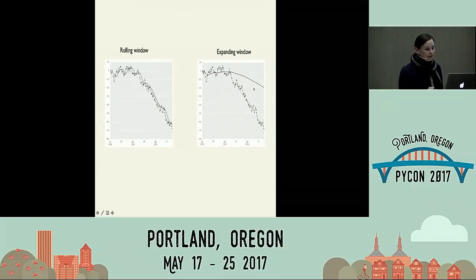Expanding window, can anyone guess from this graphic what an expanding window is? Let's think about it. It's some kind of cumulative summation, rather than a moving summation. In this case, it just keeps using the information as you get it. With a rolling window, what you're basically saying is the valuable information at a particular point is the information that's near that point in time and just behind that point, because you don't usually want to use the future.